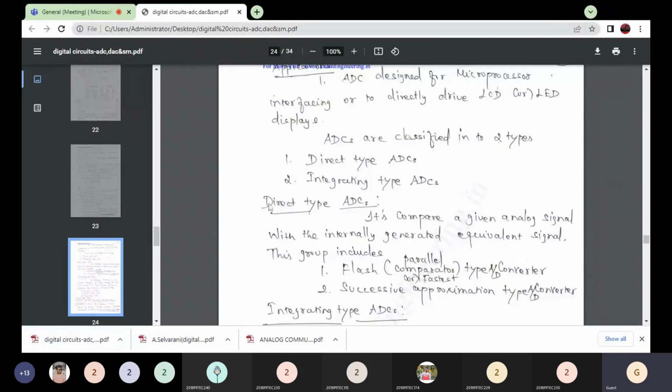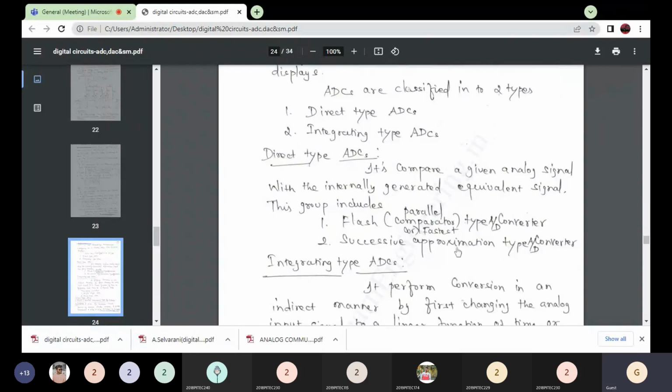In that we have two types. The first one is the flash type A to D converter, also called the parallel comparator, which is the fastest A to D converter. The second type is the successive approximation type analog to digital converter.